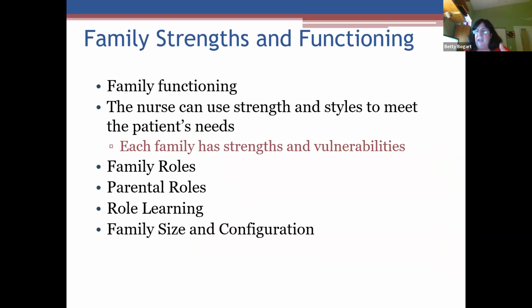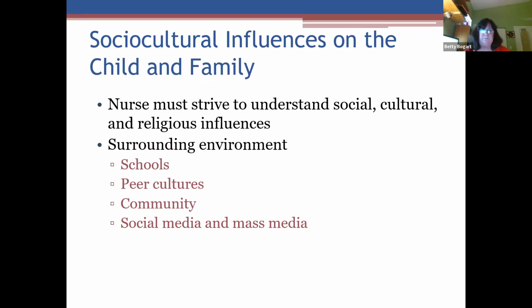We need to understand what the mother, the father, the grandmother, sometimes the aunt, and the child all need, what their role is, and how we can teach that family to give that child the best care, because our bottom line is giving that child great care, right?